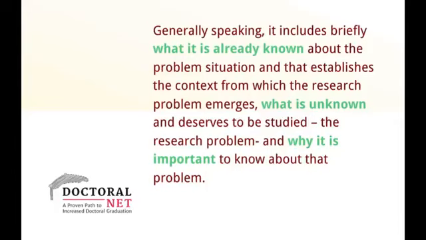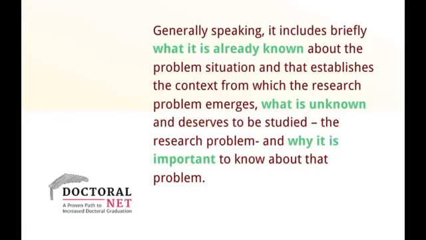Okay? Then you have to state what is not working. What is unknown and deserves to be studied is what is not working. What is that element that should be between what is and what should be?